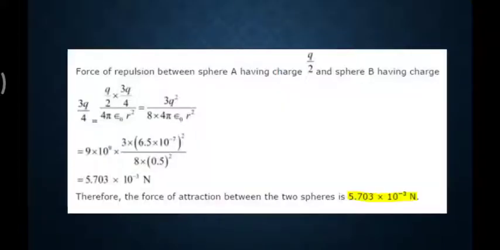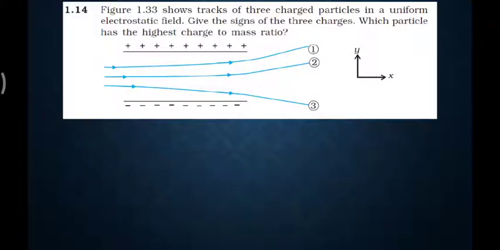Put in all the values, where your r is 0.5. Now onwards it's your math step. 5.703 into 10 to the power minus 3 Newton force will be there.